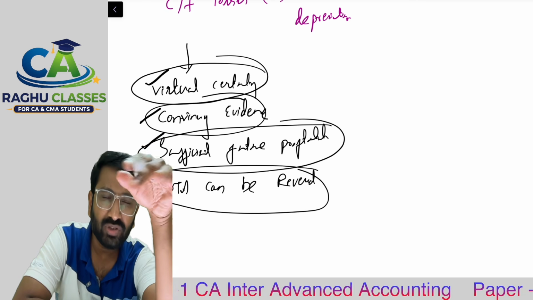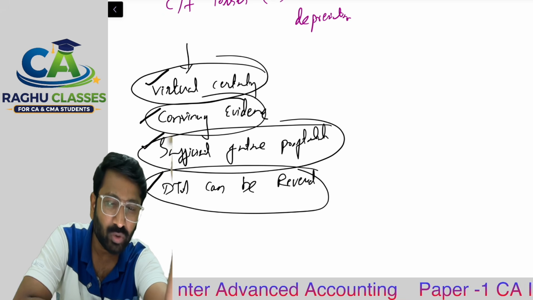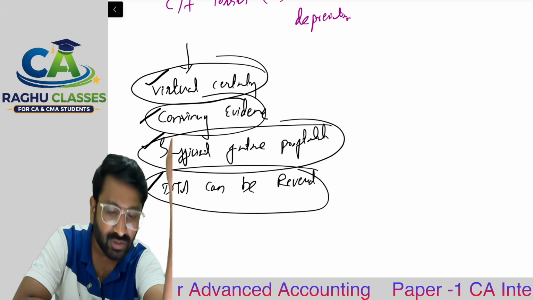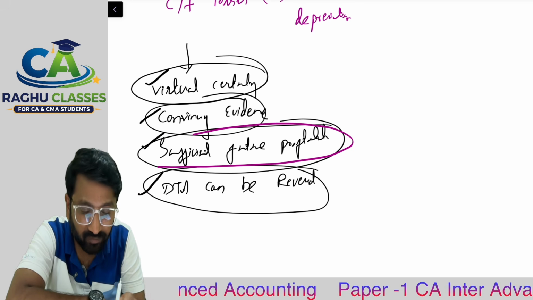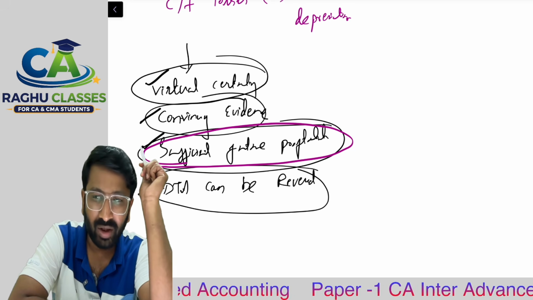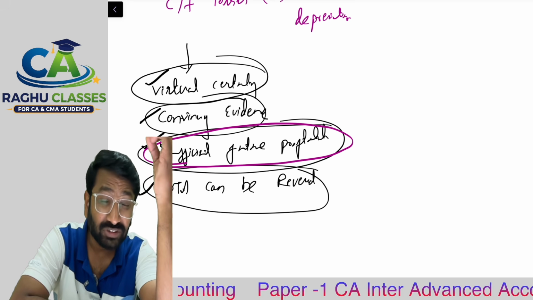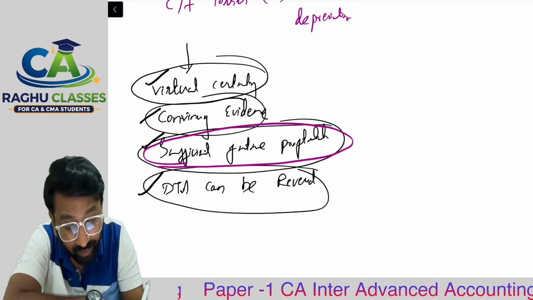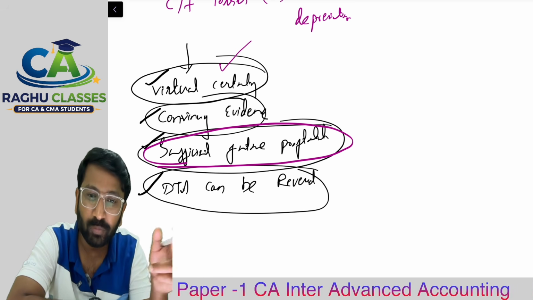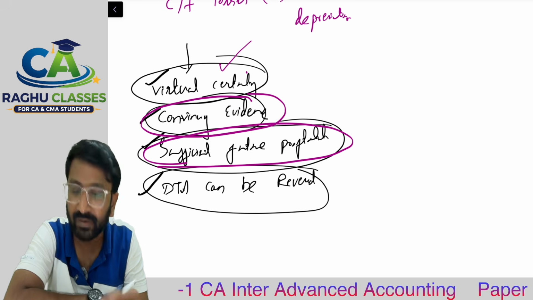But now, because you're continuously getting losses, the deferred tax is not going to be reversed. Which means that is going to be reversed only if there is sufficient future profits. And it cannot be just positive thinking that I'm going to get sufficient future profits. There should be virtual certainty that there is going to be future profit, and that should be supported by convincing evidence.